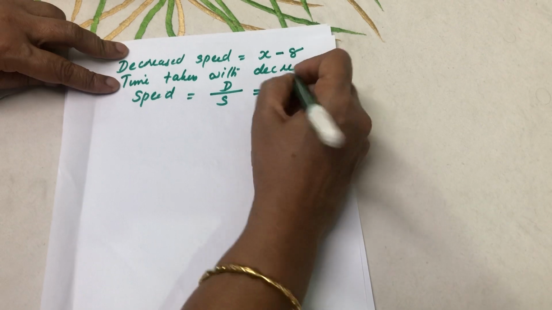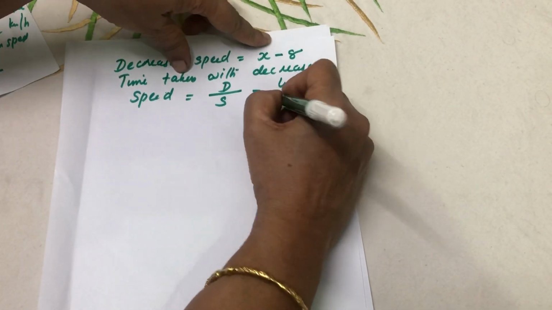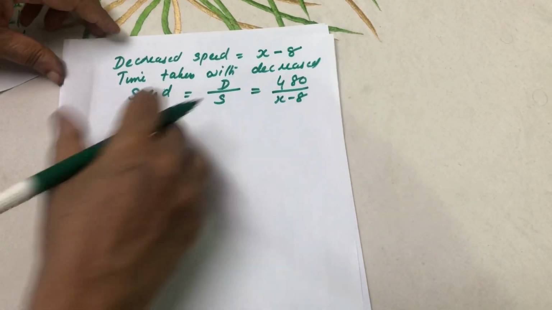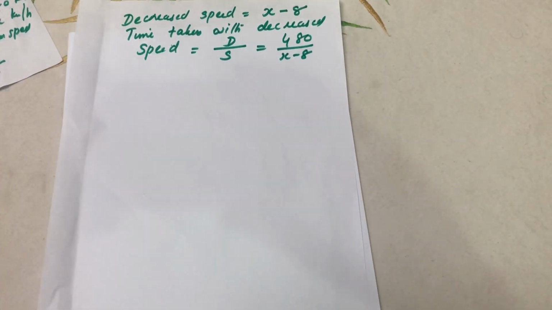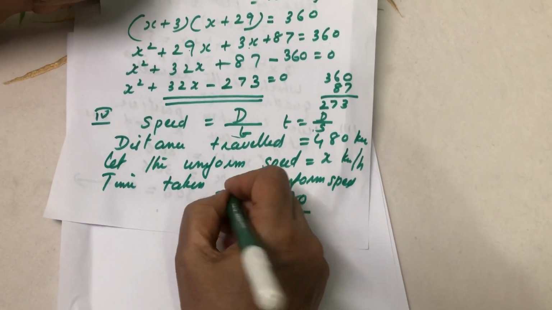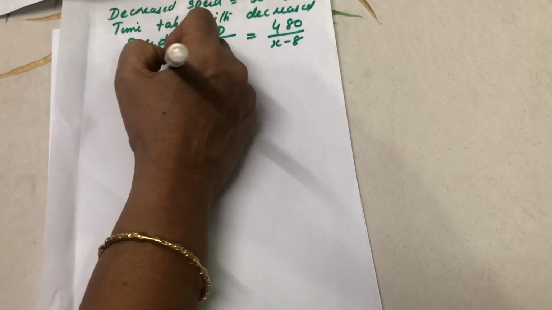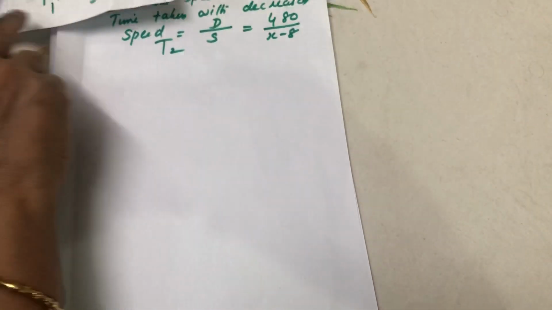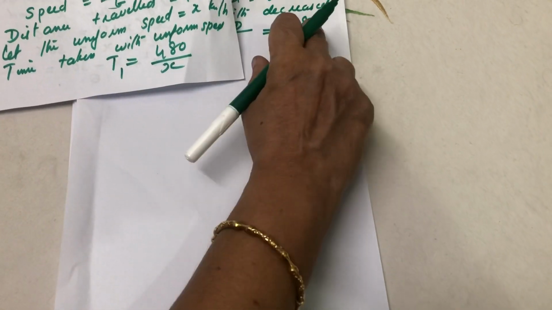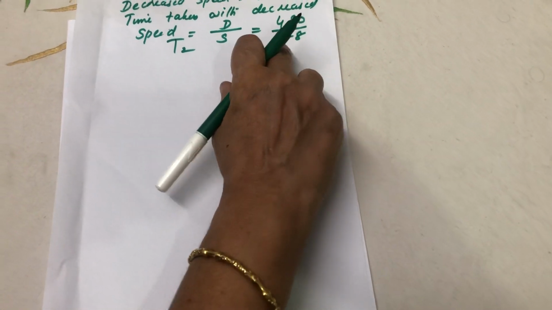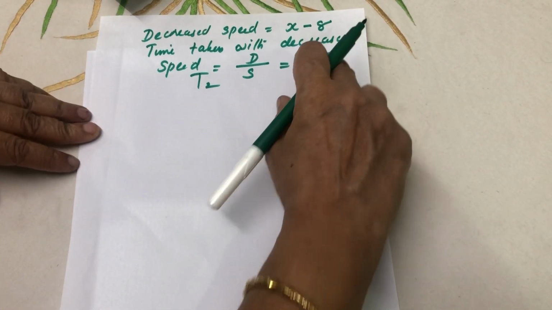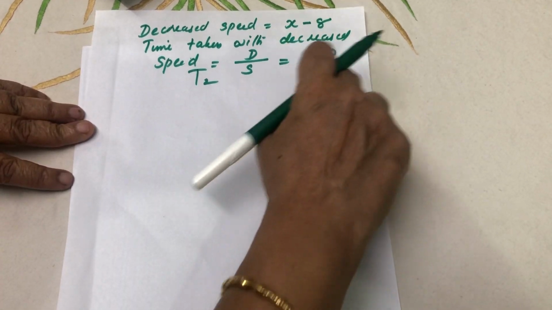Distance is 480. Now here the speed is x minus 8. So the first time taken you take as T1, this time taken you take as T2. Speed is less means the time taken will be more.